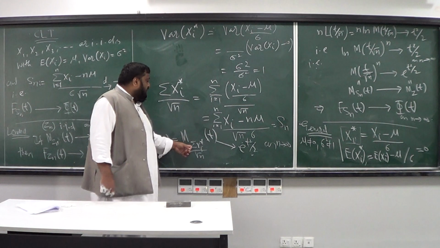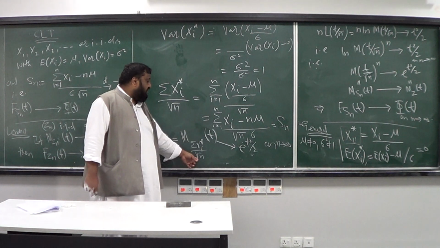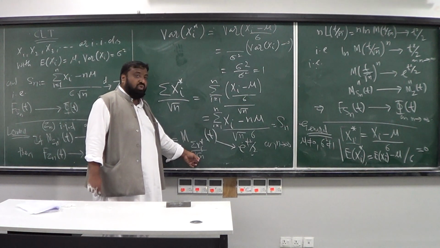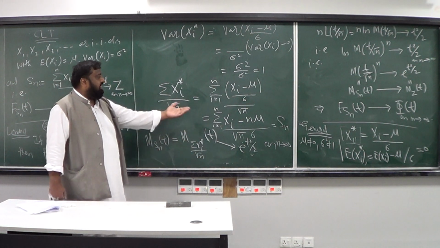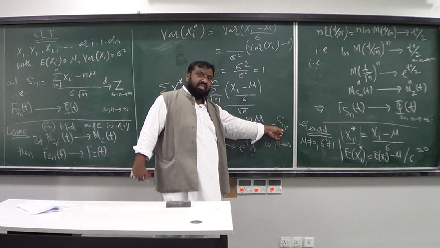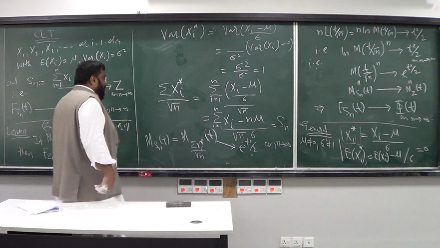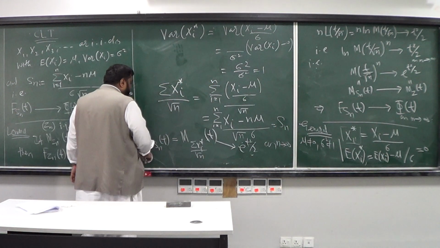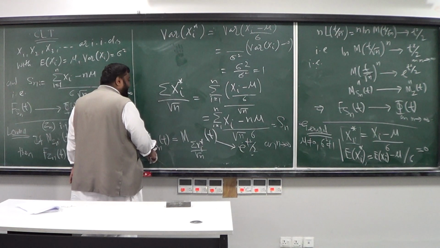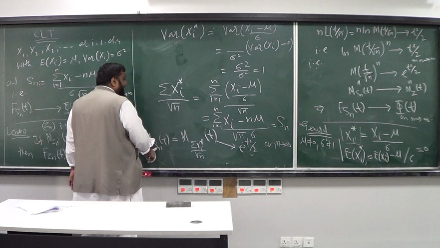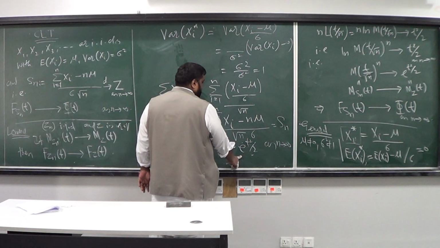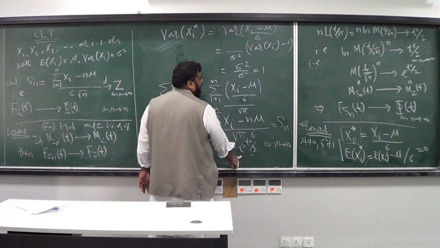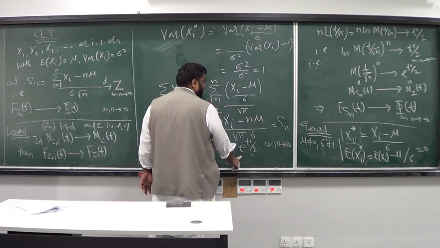But the moment generating function of the sum of xi star divided by square root of n is equal to the moment generating function of Sn, because this is equal to Sn. So we showed that the moment generating function of Sn converges in general to e to the t squared over 2. That's the moment generating function of a standard normal distribution.